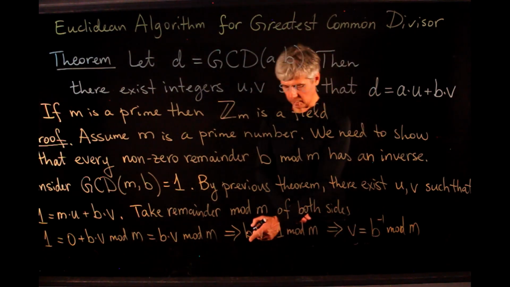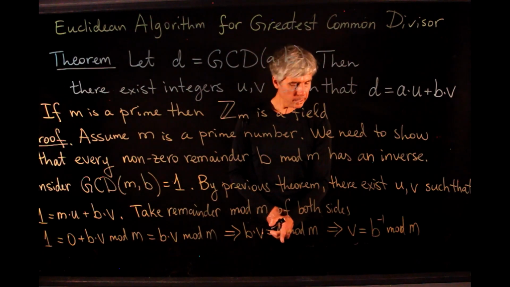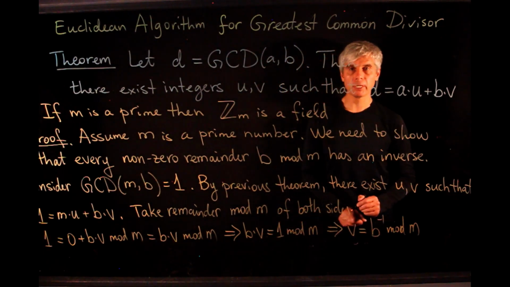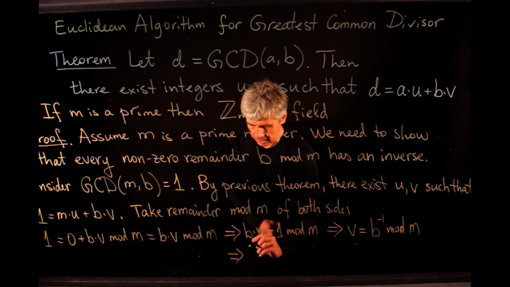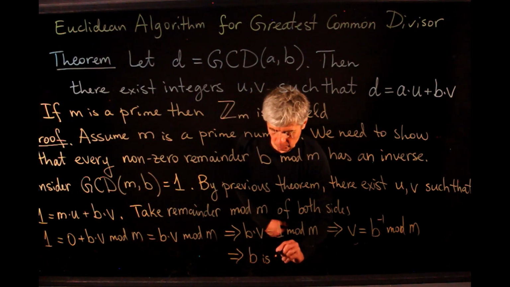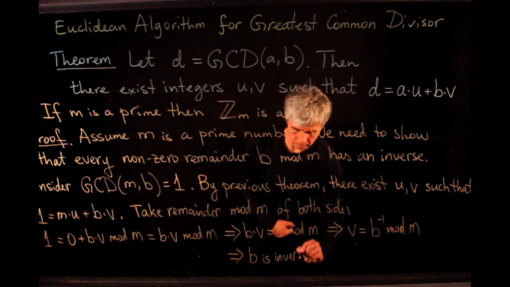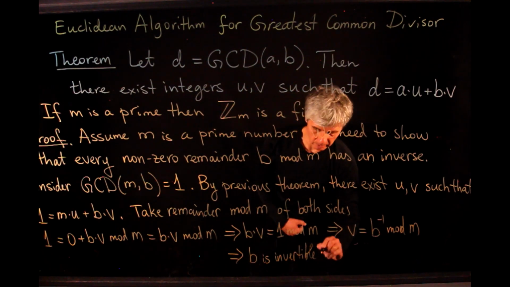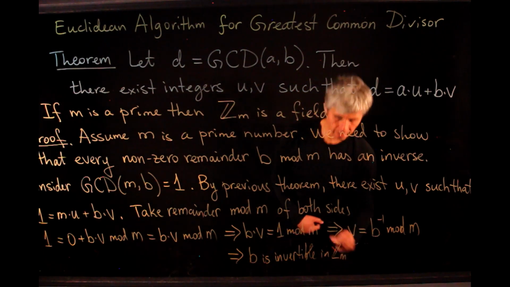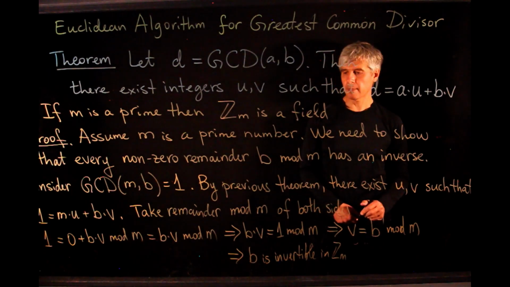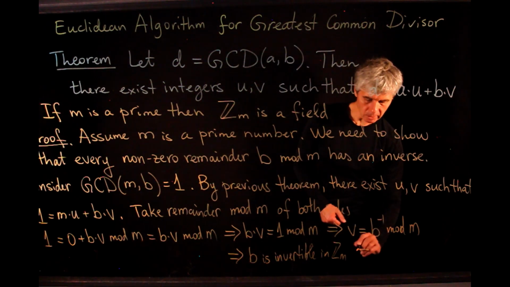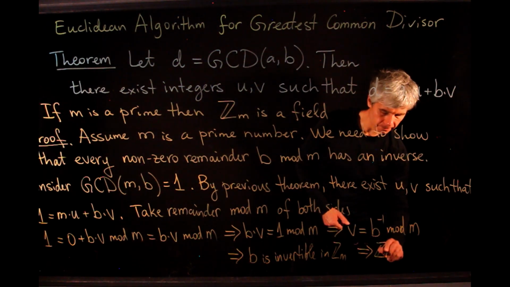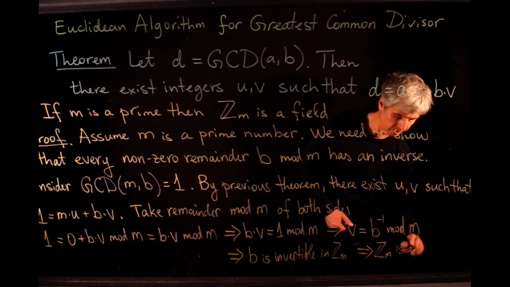Because since these two multiply to 1, this means that they are multiplicative inverses of each other. And we conclude that b is invertible in Zm. So we proved that every non-zero remainder in Zm has a multiplicative inverse. So this tells us that Zm is a field.